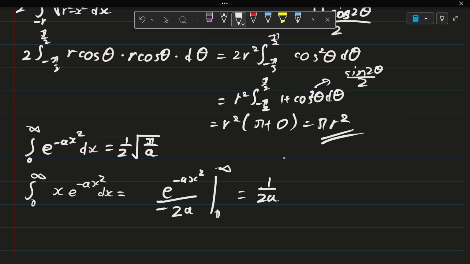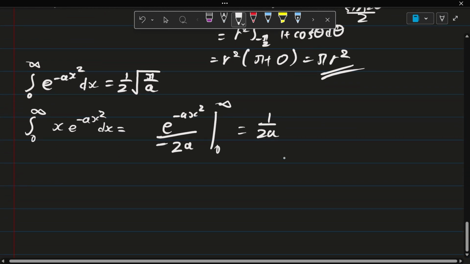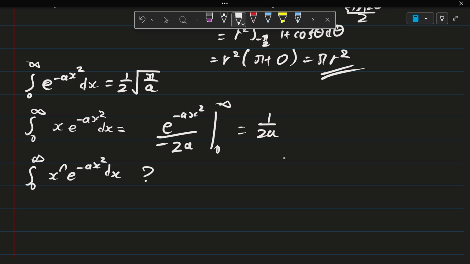Now, okay, so this is simple, but maybe let's try to see if we could solve, in general, the integral from 0 to infinity of x to the power of n e to the power of negative a x squared dx. What's the value of this? So let's introduce the theory as well as the proof. Let's say that this is the function of a, which is the integral from 0 to infinity of x to the power of n e to the power of negative a x squared dx.